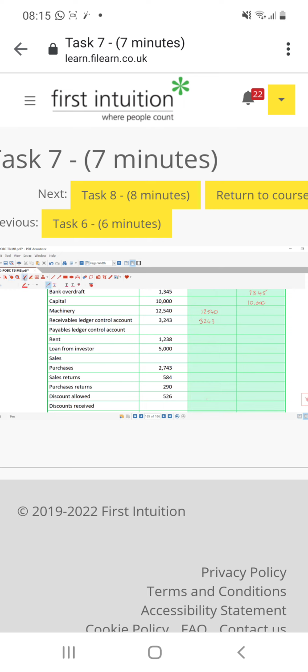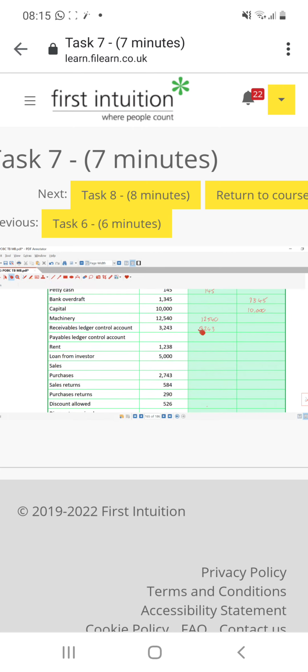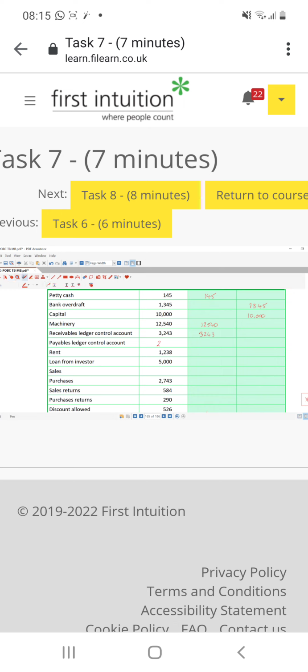So that 2984 we can put just in here. And will therefore come in as a liability just here.